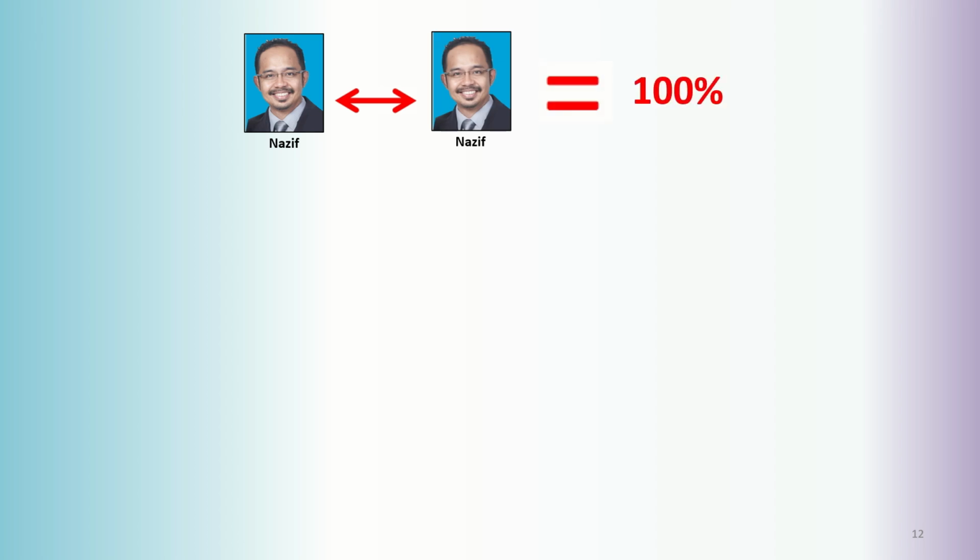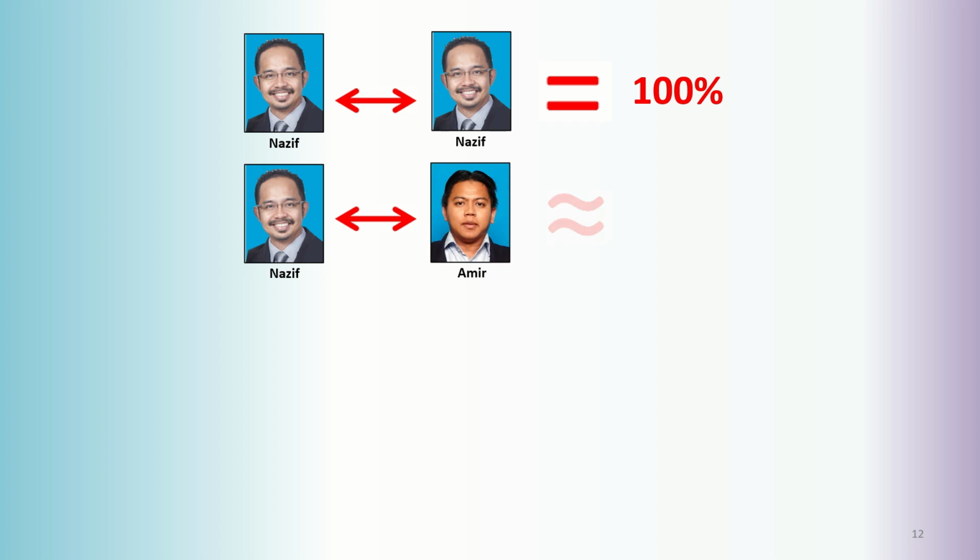If we compare my DNA with my own DNA, of course it will be 100% similar because we are comparing the same sample. Then if we compare my DNA with my friend's DNA, Mr. Amir, we are the same species, of course, Homo sapiens.